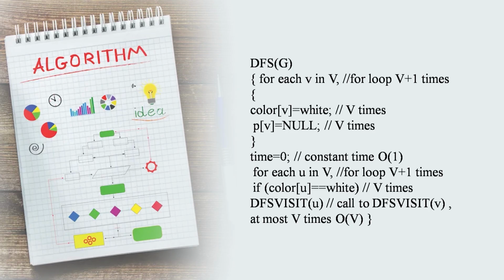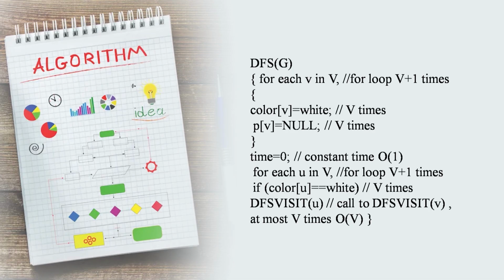Now for each u in V, you start visiting the nodes one by one by calling the function DFS. You have seen the vertex set, now you try to visit one. If the color of u is equal to white, you have to visit the first node once, and always the first node color will be white because it is not visited yet. Now if it is white, you will call the DFS visit procedure.